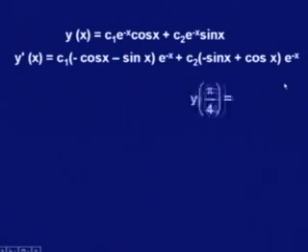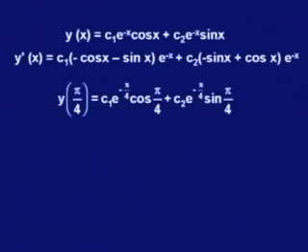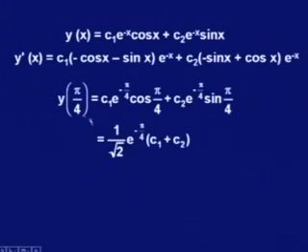Now, the initial conditions are given at pi by 4. So, what will be y at pi by 4? I will put the value of x as pi by 4. I will get e to the power minus pi by 4 and cos pi by 4, and here again sin pi by 4. We do know the values of cos pi by 4 and sin pi by 4, they are 1 by square root 2. So, we get 1 by square root 2 e to the power minus pi by 4 times c1 plus c2.